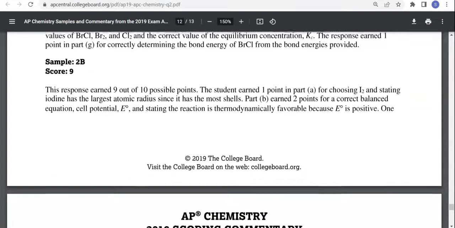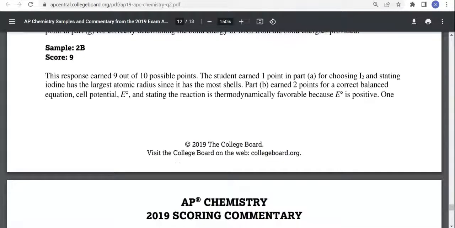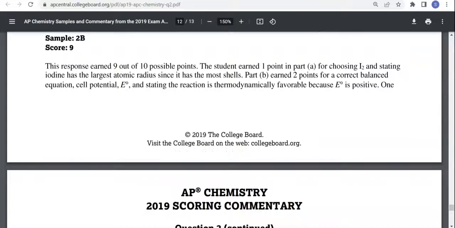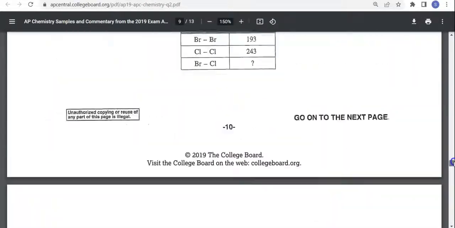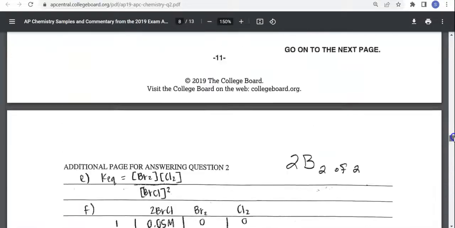And let's see, I'm pretty sure that they'll lose the point for what I said, but let's see. Student received 1 point in Part A. Part B earned 2 points for a correct balanced equation, cell potential, and stating the reaction is thermodynamically favorable because E0 is positive.